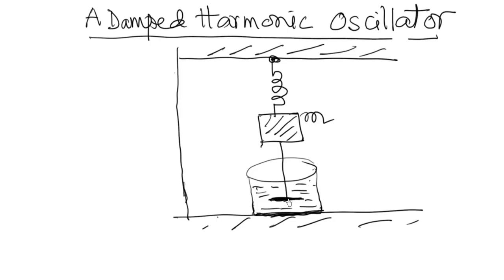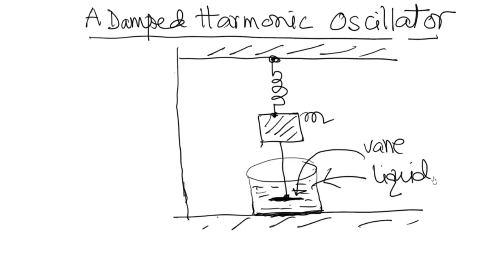So you see, a block of mass m is suspended from a rigid support by a spring, and one end of the spring is attached to the fixed support, and the other end of the spring is attached to the mass m, and ultimately the mass m rests on a vane which is immersed in a liquid with damping constant B.